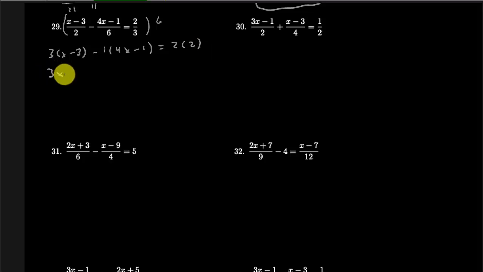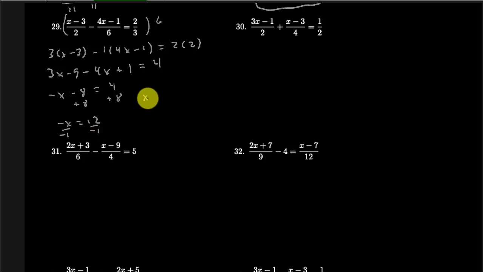So we get 3x minus 9 minus 4x plus 1 equals 4. Combine like terms, that's going to be negative x minus 8 equals 4. So let's add 8 to both sides. So we get negative x equals 12. And then here we'll have to divide through by negative 1, so we get x is negative 12.